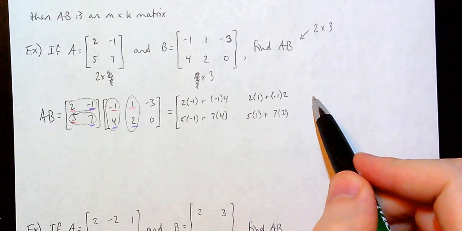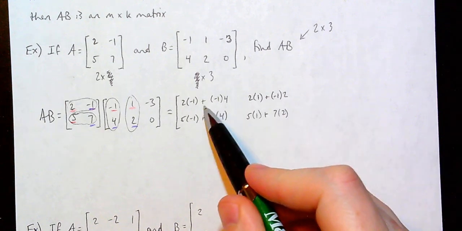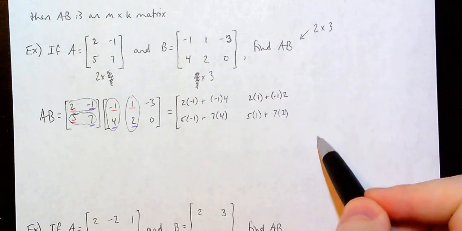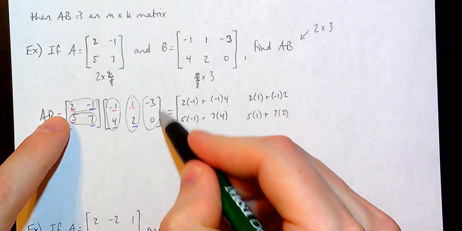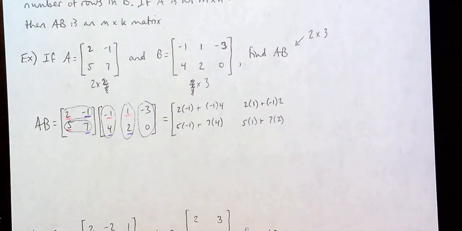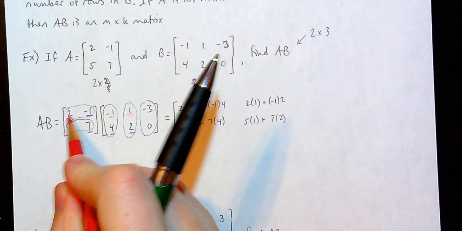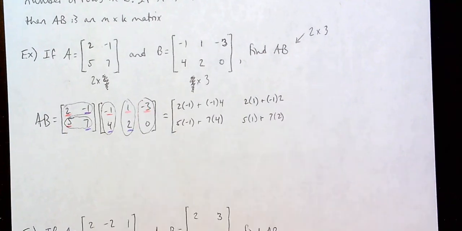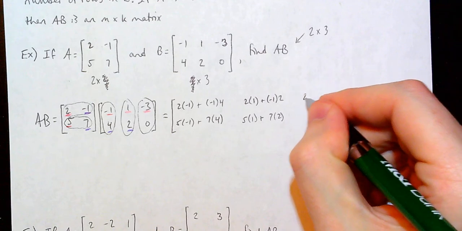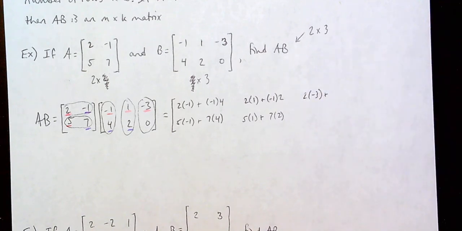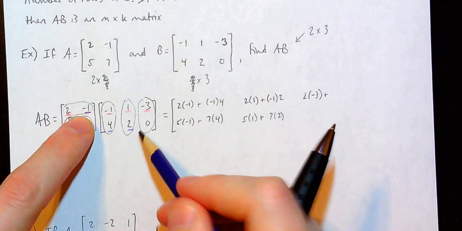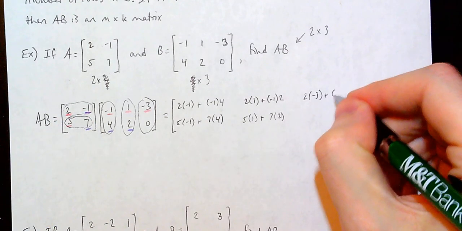Next entry over here, I need the entry in first row, third column. So first row, now third column. Product of the firsts, 2 times -3, plus product of the seconds, -1 times 0.